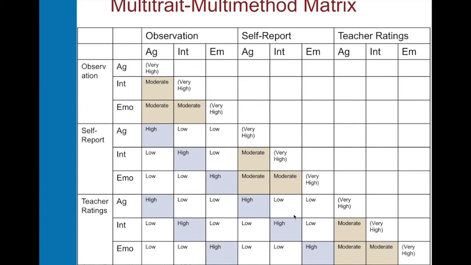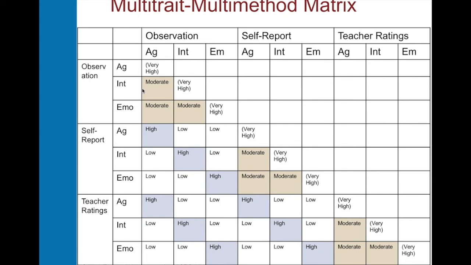Now let's look at the moderate correlations over here, the ones in brown. So moderate correlations is what you would expect to see between the same methods that are being used to measure different traits. So say for example, you want to correlate aggression as being measured by observation and intelligence also being measured by observation.